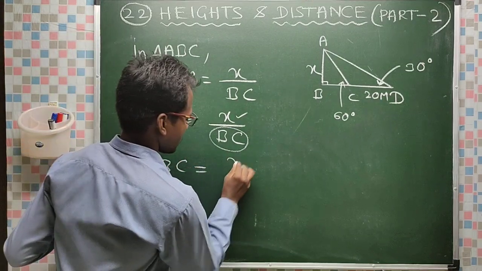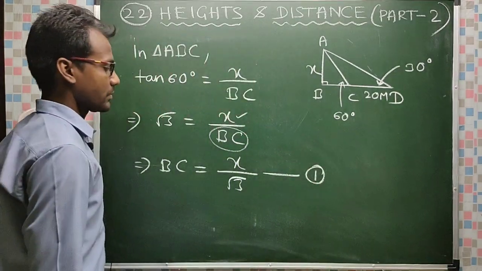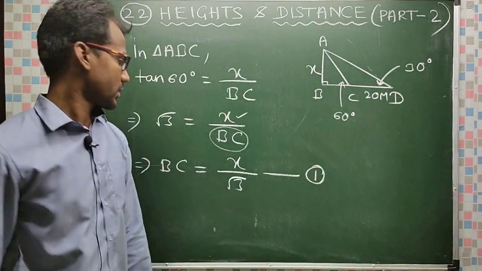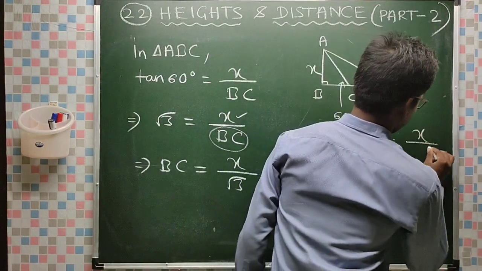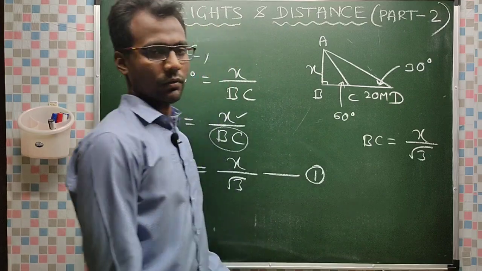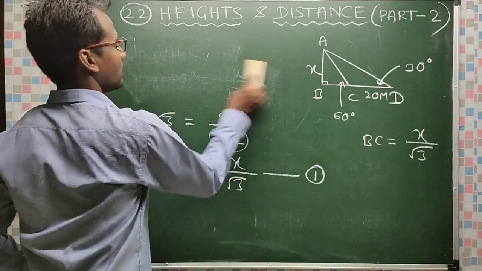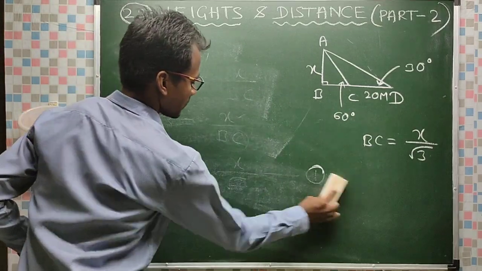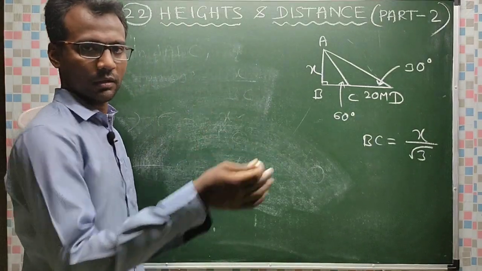So BC is equal to x by root 3, equation 1. Next, now let us move to the second right triangle.